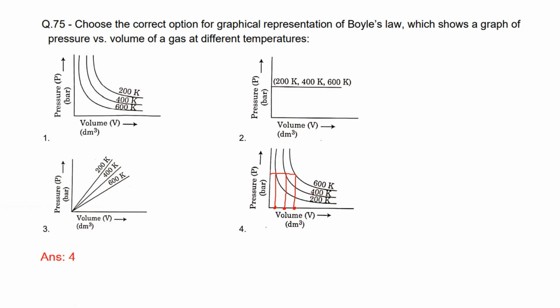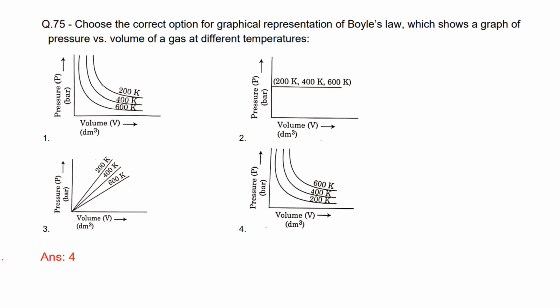Option 4, that's why. You can give the explanation in that way. When you keep one of pressure or volume constant, it is directly proportional to temperature. As the temperature increases, both pressure or volume increase. Based on that fact, you have to choose your answer. So option 4 will be the correct answer.